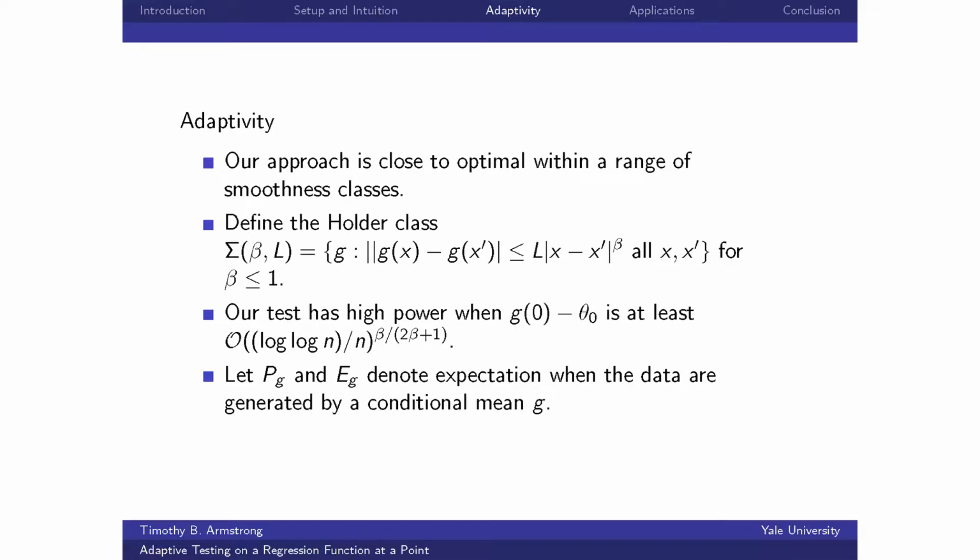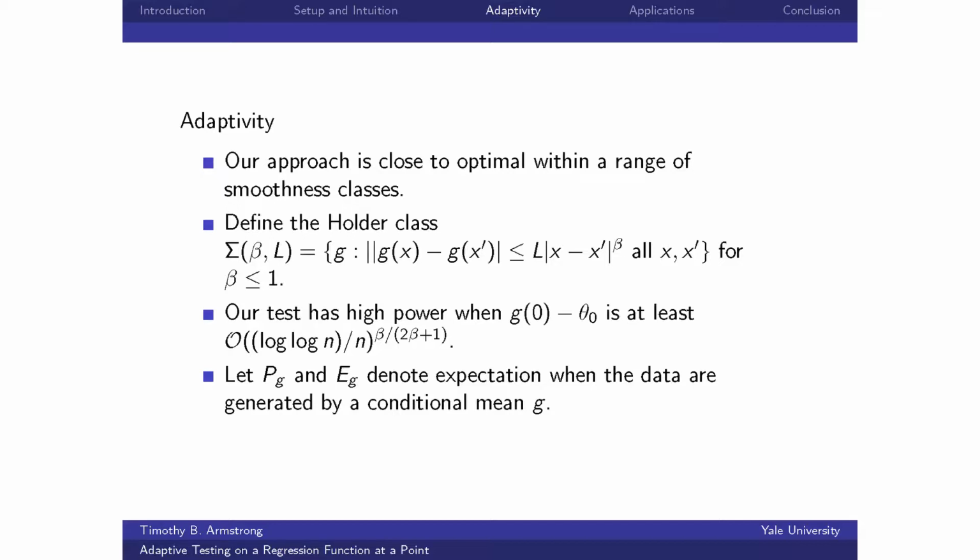To translate these into power results, let's define the notion of adaptivity a little more formally. As I mentioned, we're going to be adaptive within a range of relatively non-smooth smoothness classes. So for a given beta and a given L, let's define the Hölder class of functions associated with that beta and L to be those functions g for which |g(x) - g(x')| is less than the Hölder modulus of continuity for each x and x'.